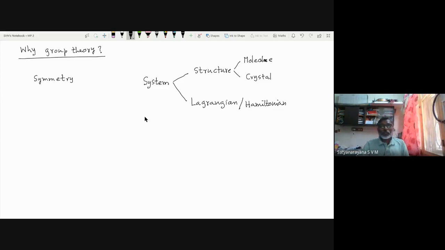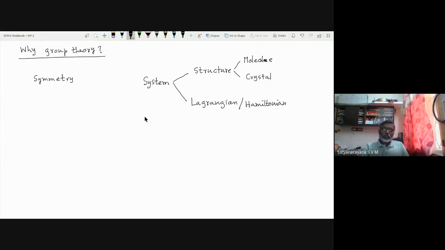That means, for example, let's say you have an electromagnetic field that can be defined by a Lagrangian or a Hamiltonian, or you have a field of electron defined by the Dirac field. So your system can be a Lagrangian or a Hamiltonian, or it can be a geometrical structure like a molecular structure.